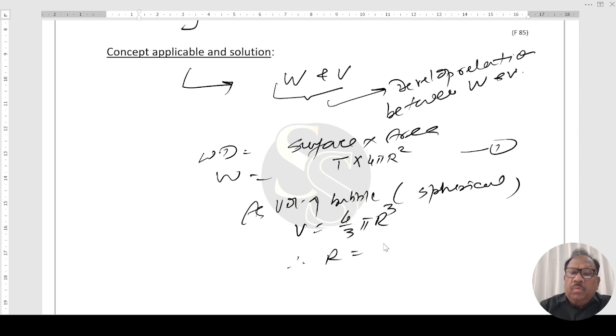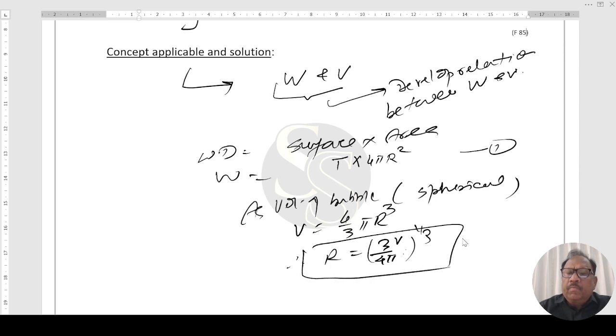Therefore, r comes out to be (3V upon 4 pi) to the power 1 by 3.